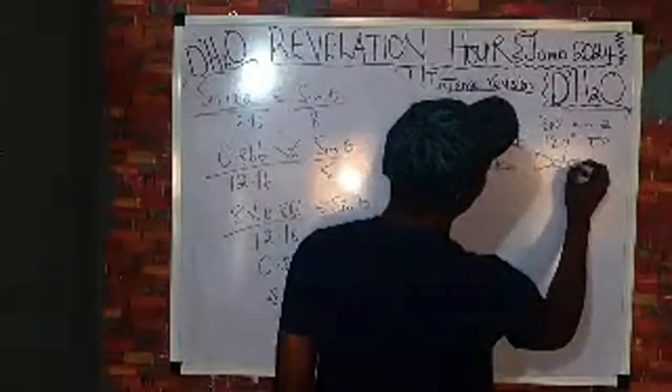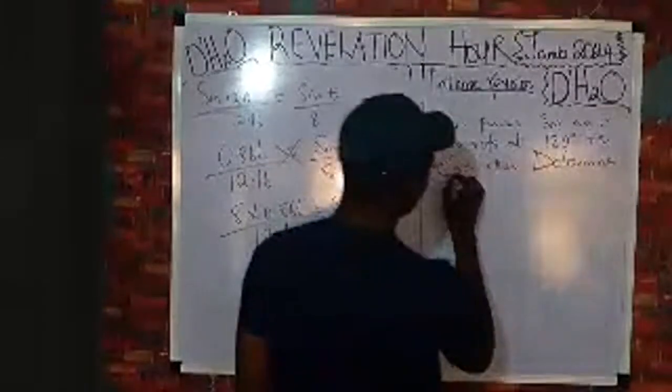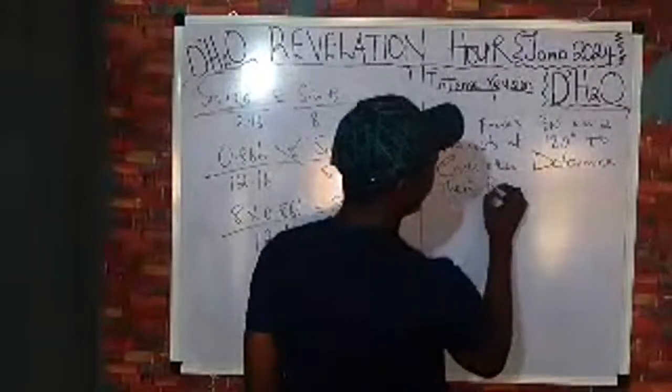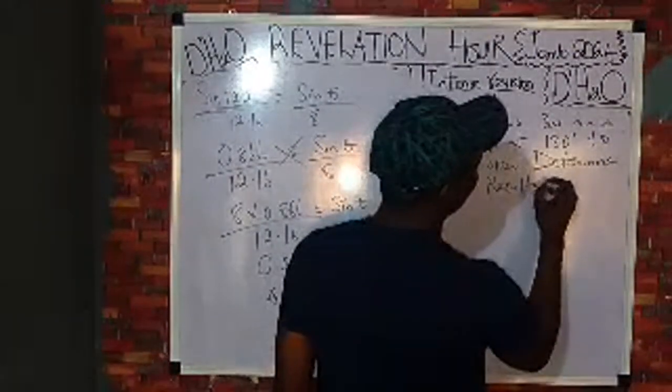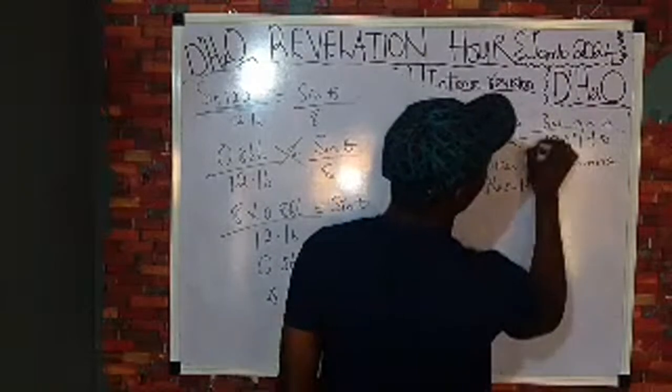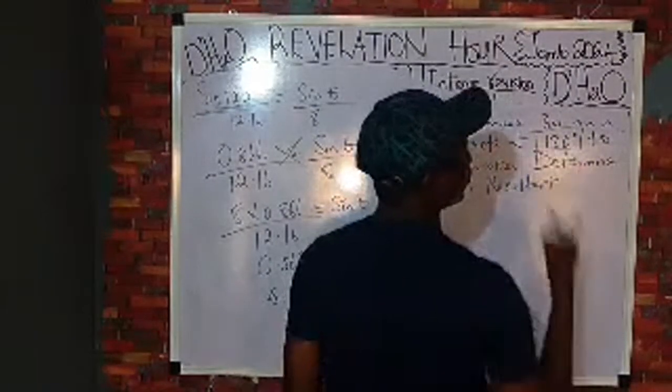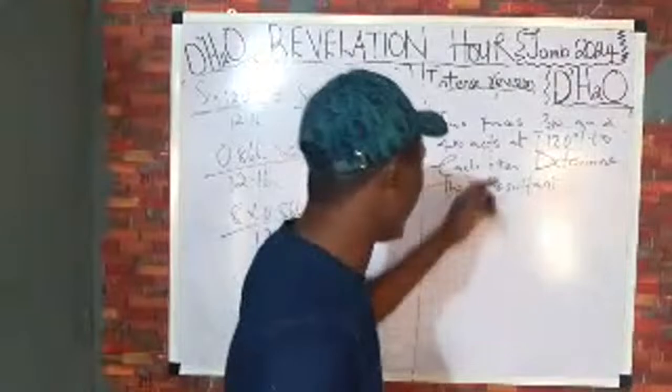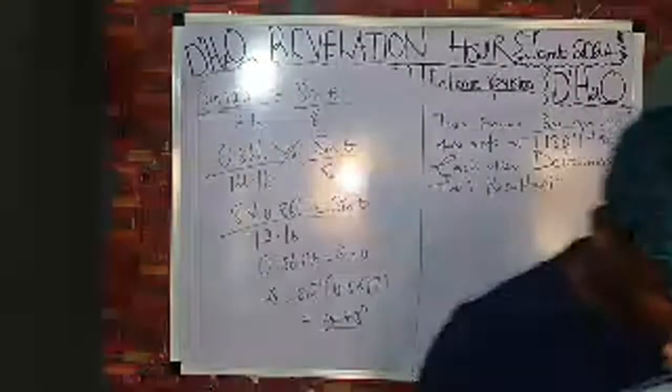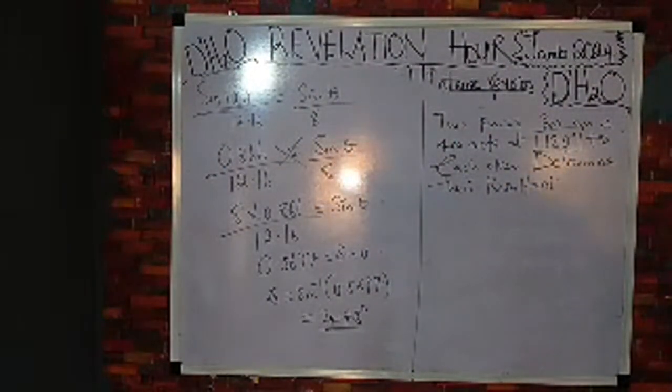Determine their resultant. I told you, don't use the angle that is given to you. Make sure you look for the angle that you add to this one to give you 180. That's the angle you have to use. So do that for me very fast. You have 2 minutes to do that.